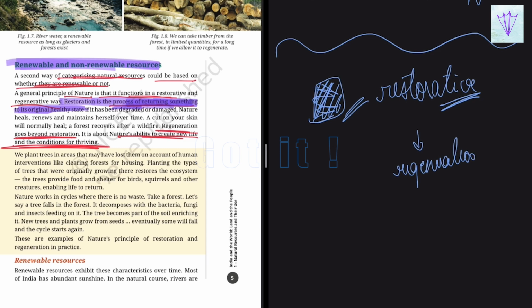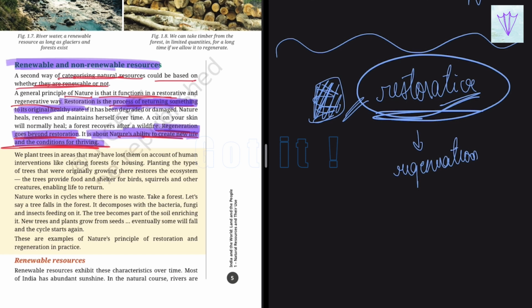Restoration means something which is degraded is converted into its original healthy state, while regeneration goes beyond that. Whatever is damaged will be restored in restoration, while in regeneration new life will be created.